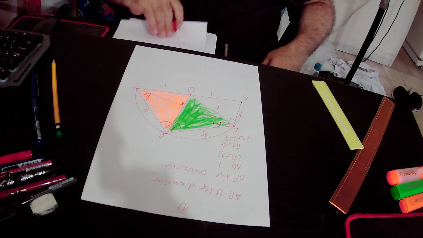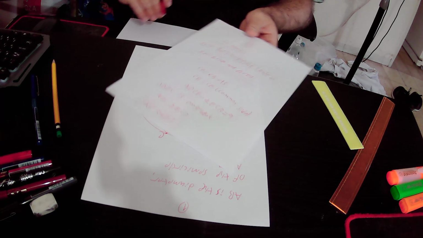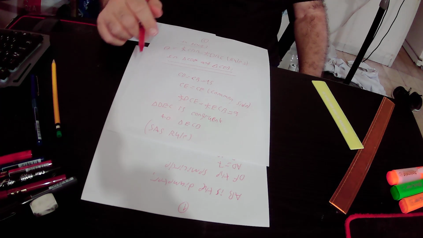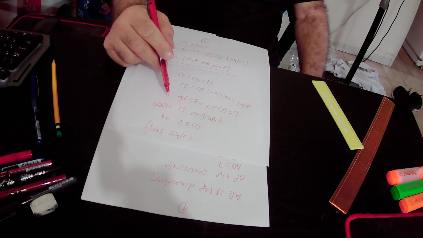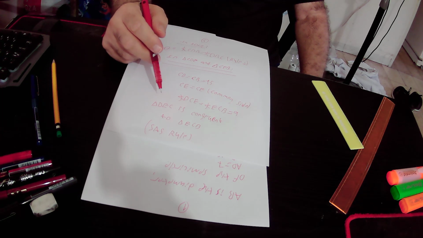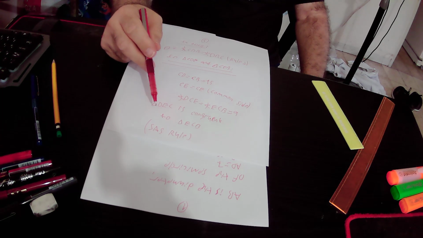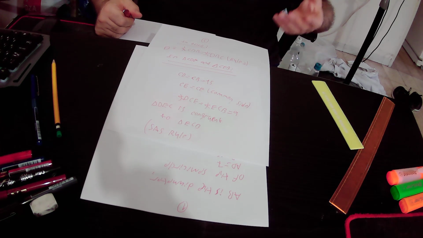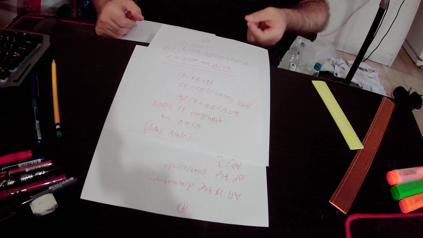Okay, so I'll read the things that I wrote again. Therefore, the green triangle, triangle DEC is congruent to triangle ECB according to side angle side rule. I will repeat the side angle side rule.